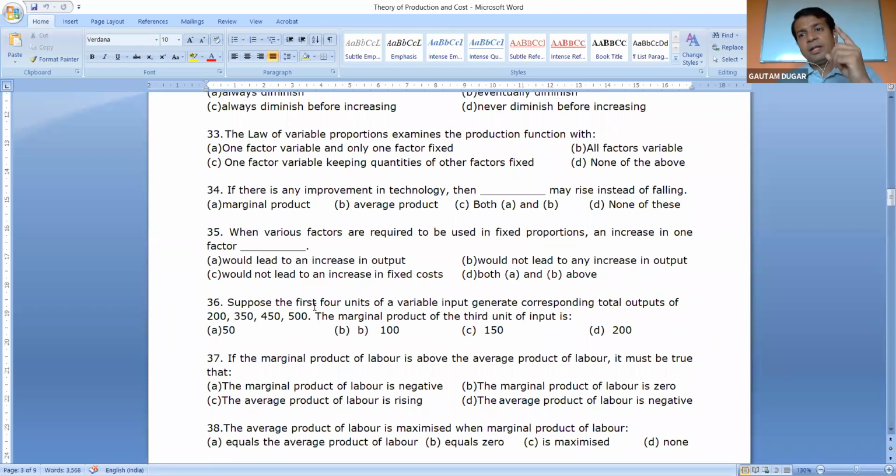Then on that same one land, we apply two laborers, then three, then four, using the same techniques of production, and we study the behavior of production. We'll have first increasing returns, then diminishing returns, and then negative returns. But the condition is that the state of technology should remain unchanged.